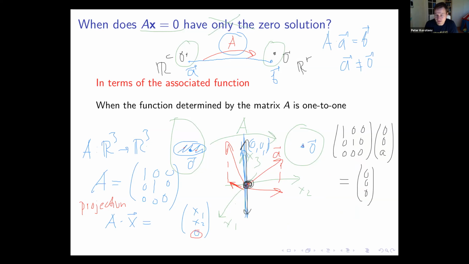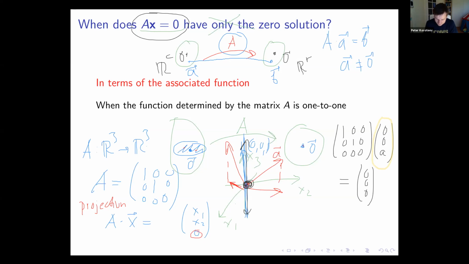So in other words, the 0 vector is not the only solution of this equation. If you try to solve Ax equal to 0, where A is given by this matrix, then the 0 vector is not the only solution; rather, all vectors of this form are solutions.